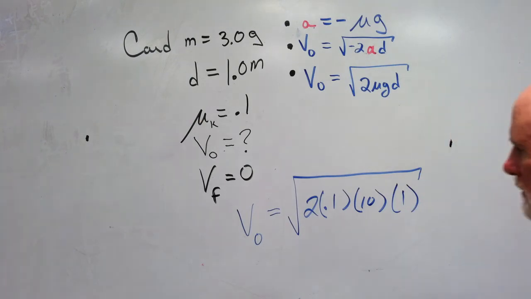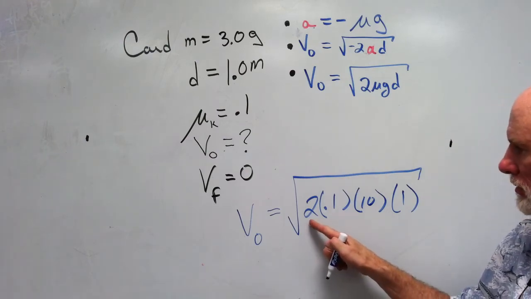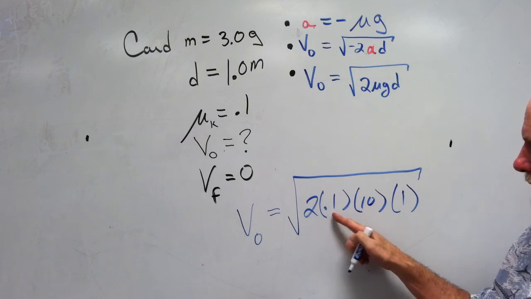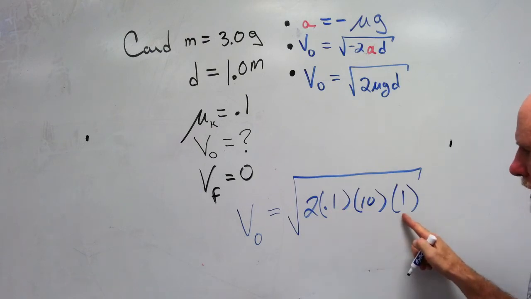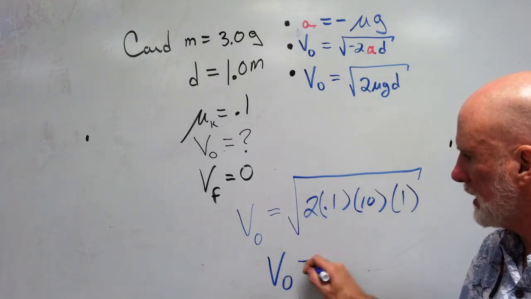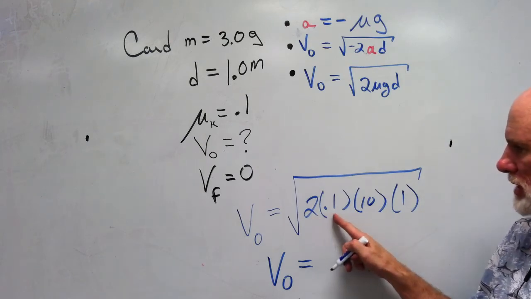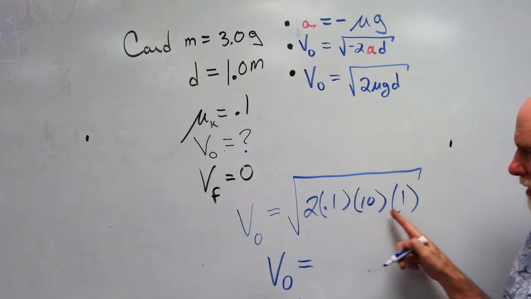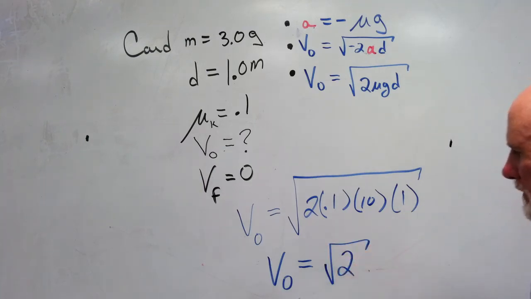So far, so good? So this will be 2 times 0.1 is 0.2 times 10 is 2 times 1 is 2. So it reduces to that.